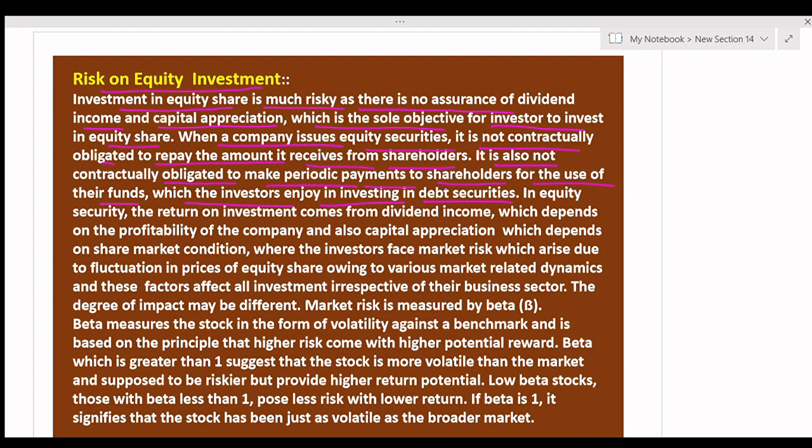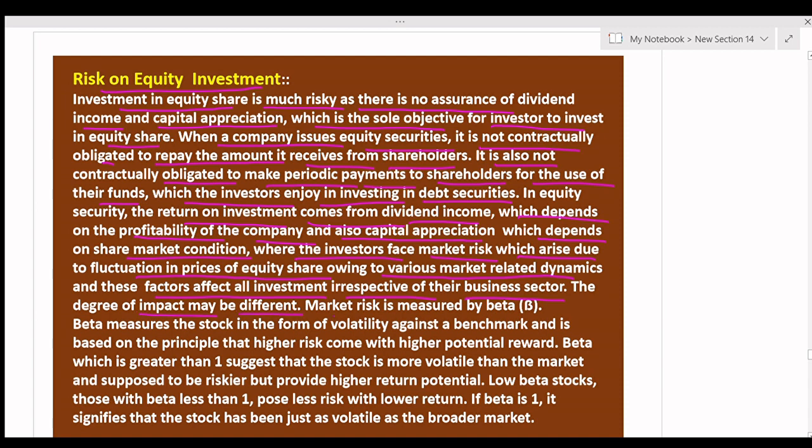In equity security, the return on investment comes from dividend income, which depends on the profitability of the company, and also capital appreciation, which depends on share market condition, where the investor faces market risks which arise due to fluctuation in prices of equity share owing to various market related dynamics, and these factors affect all investments irrespective of their business sector. The degree of impact may be different.